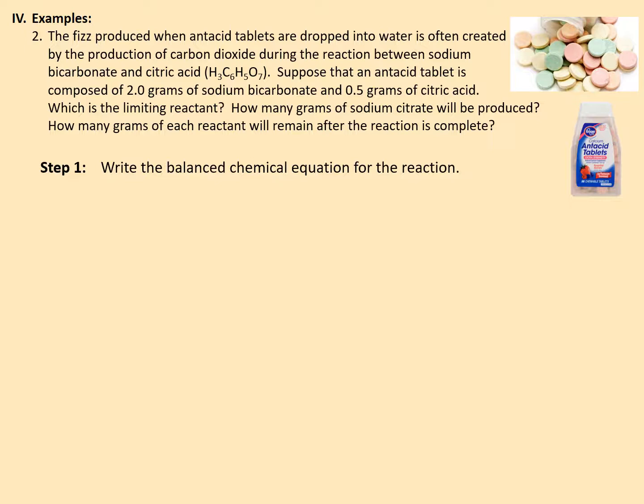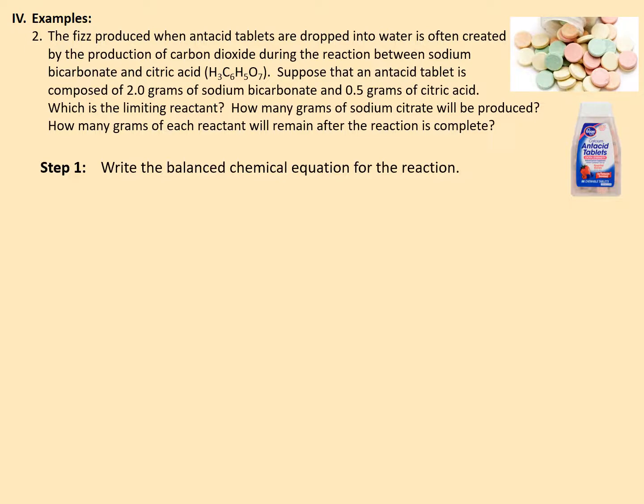It turns out that when you have an acid reacting with a base in an acid-base reaction, the two products that you will always get will be a salt or ionic compound and water, in the form of a double displacement reaction. When you have carbonates involved, another product is going to be carbon dioxide.